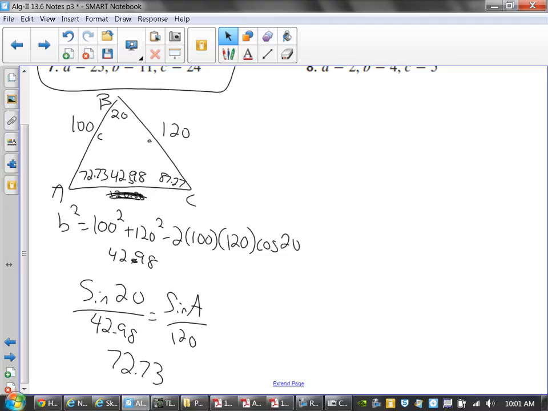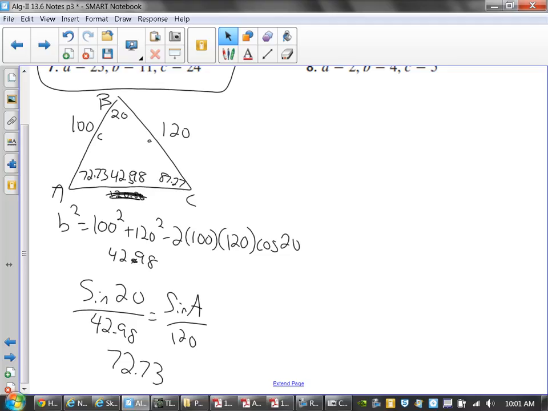Did you notice what happened? It doesn't really work out. Smallest angle, smallest side. Largest angle, not the largest side. It doesn't work.